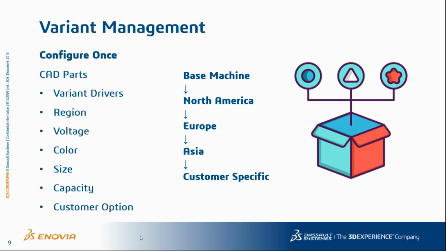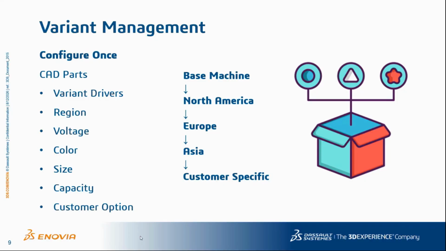In case this particular product is being exported to an American company or a European company or any other continent which has its own specification, we'll call it a variant. In that case, I need not change my base machine completely. I need not recreate it completely.